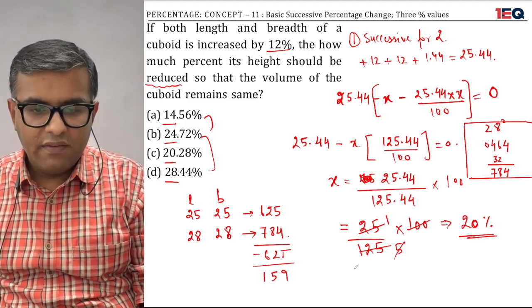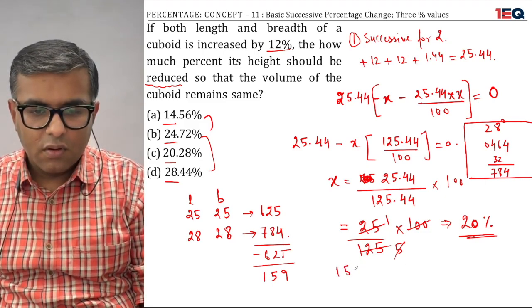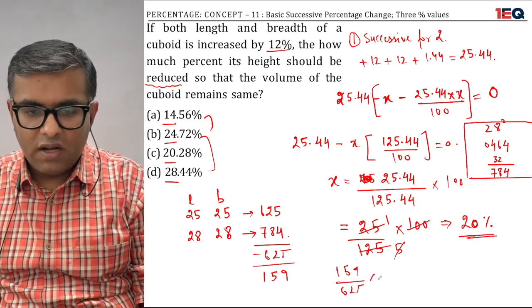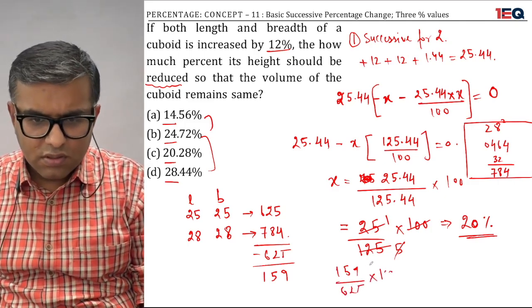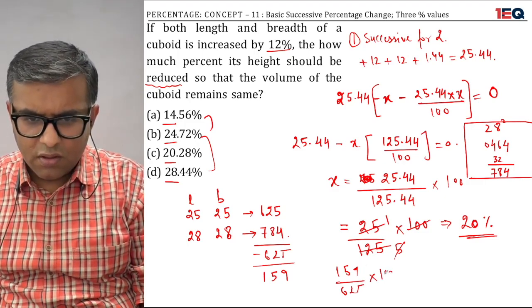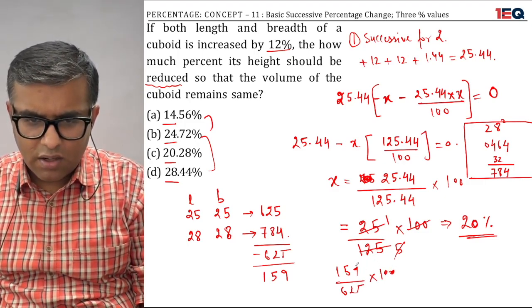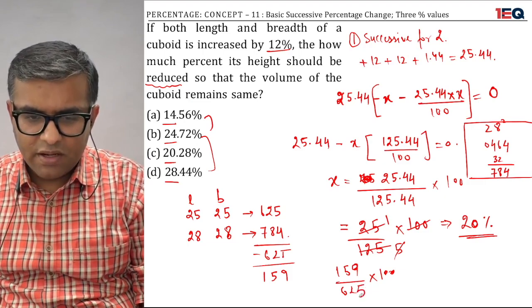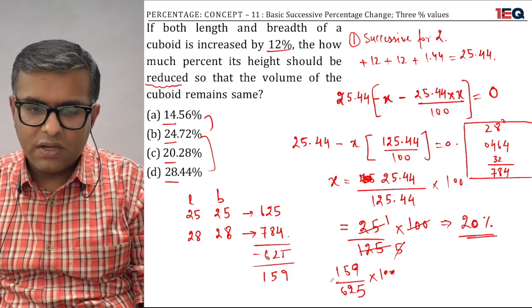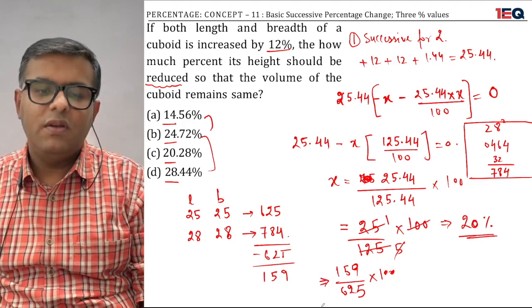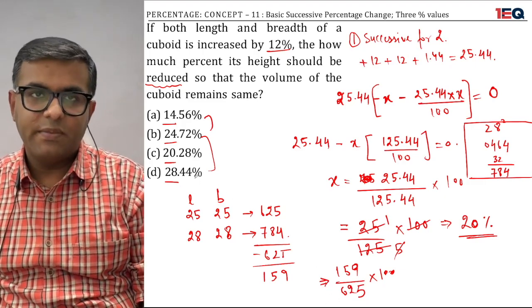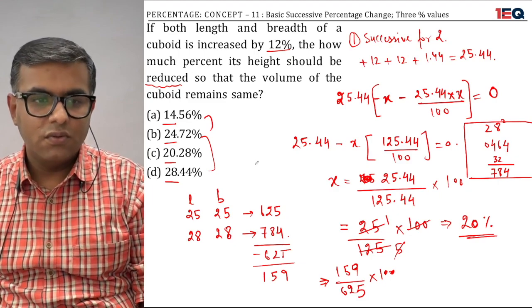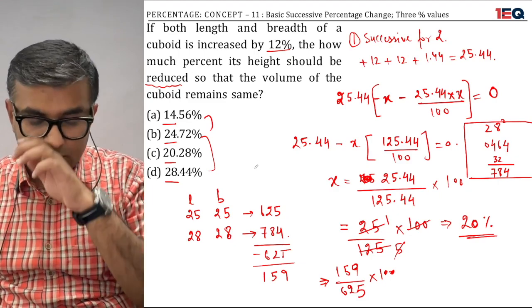So 159 upon 625 multiplied by 100. There's some issue with the pen. This would give you the answer and it would be very much close to 20%.